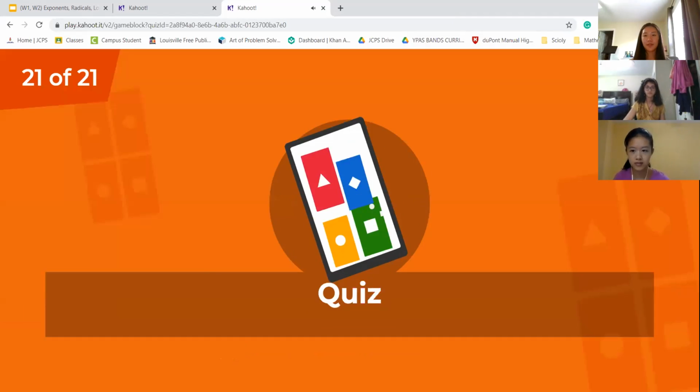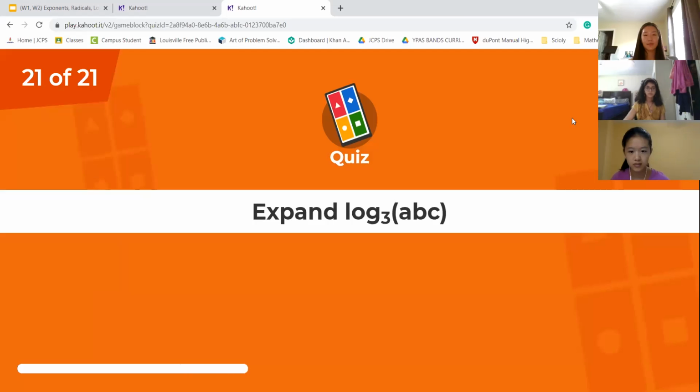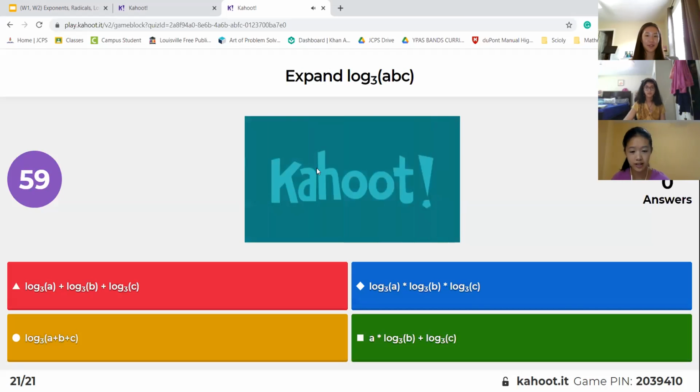All right, last question. Now you need to actually expand it. Make sure you read the choices carefully. It's better to be late than to get it wrong.